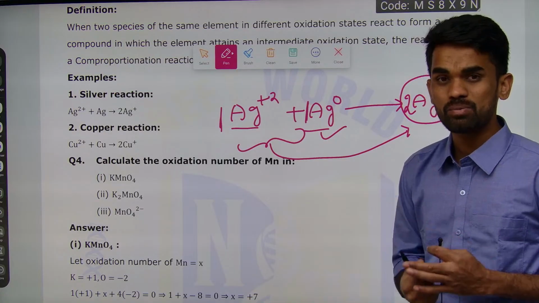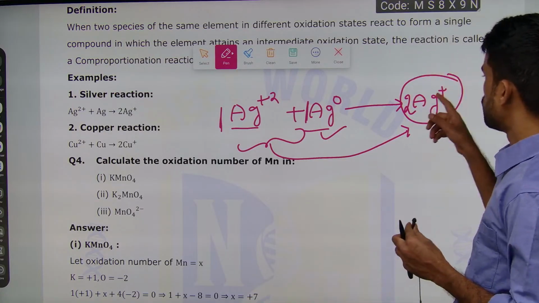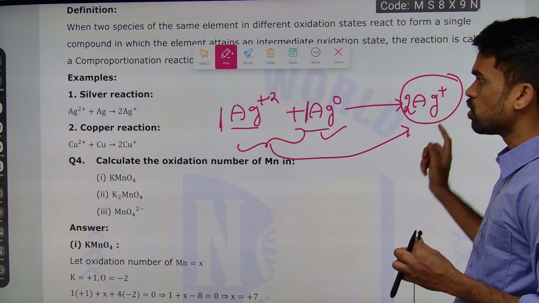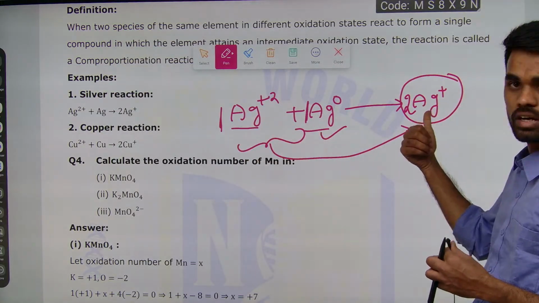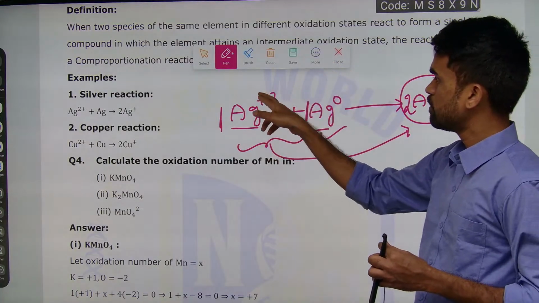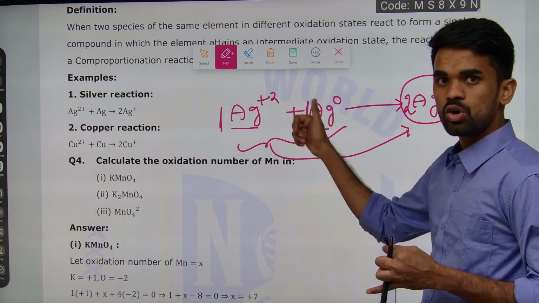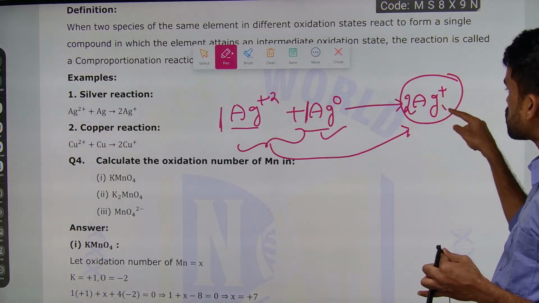In a disproportionation reaction what we have studied is that one oxidation state undergoes both oxidation and reduction. Here, the different oxidation states, higher one and lower one, form a species containing an intermediate oxidation state.